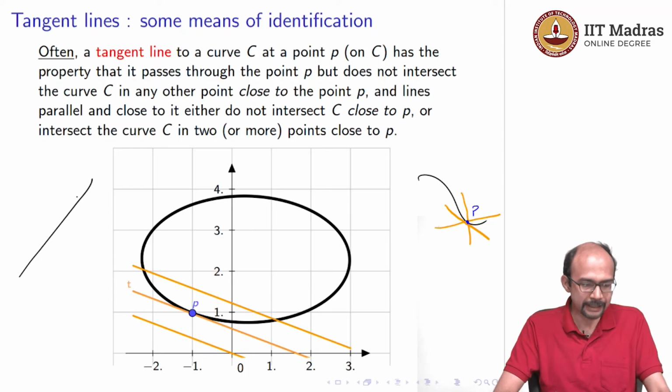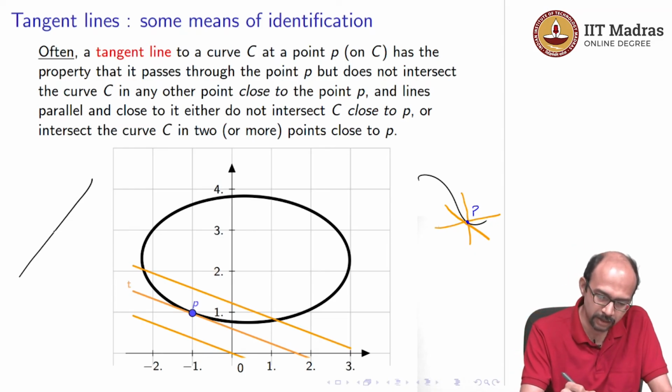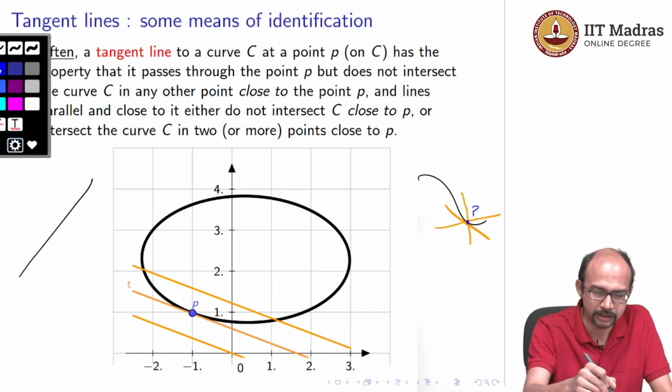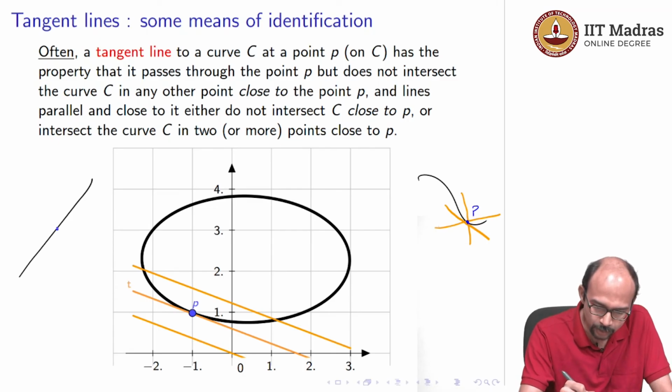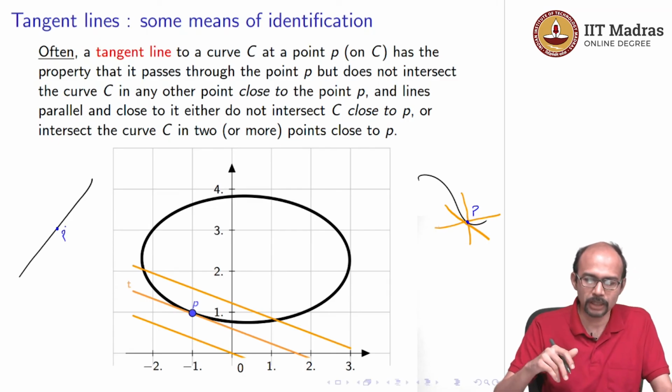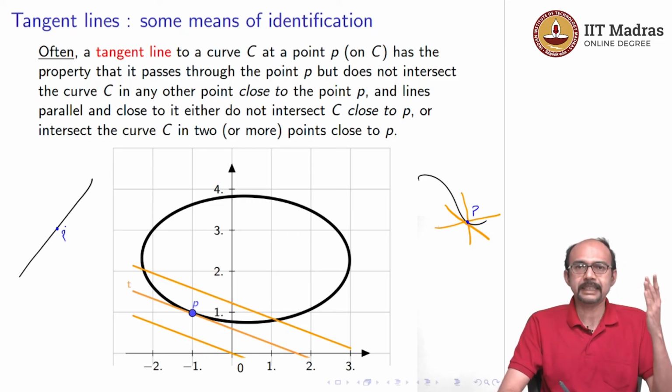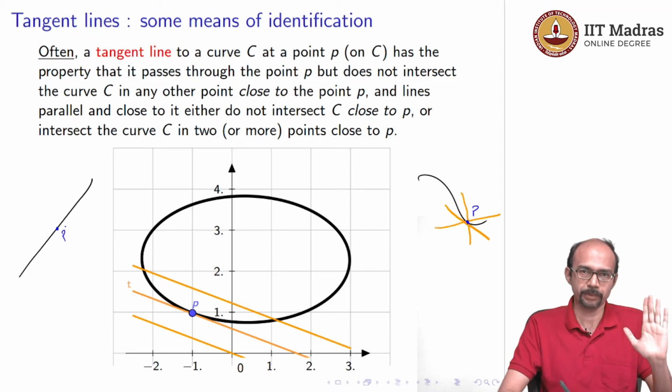And as far as the point is concerned, it intersects the curve everywhere. So, if this is your point P, your tangent line is going to intersect the entire line. So, this idea that the tangent line intersects the curve in only that point is not correct. Okay, that is what I am trying to point out.